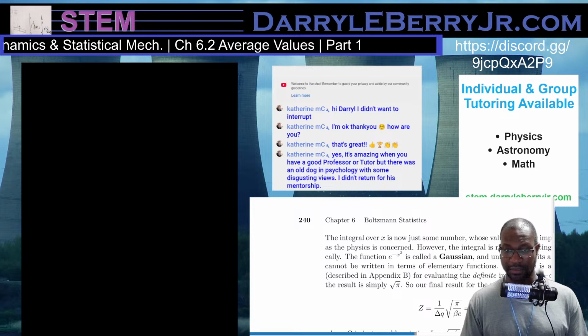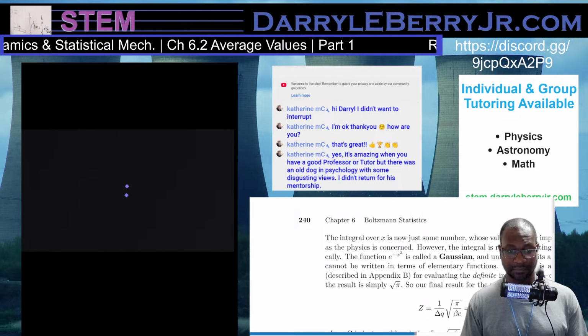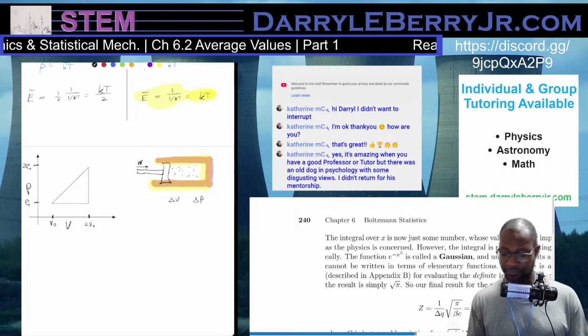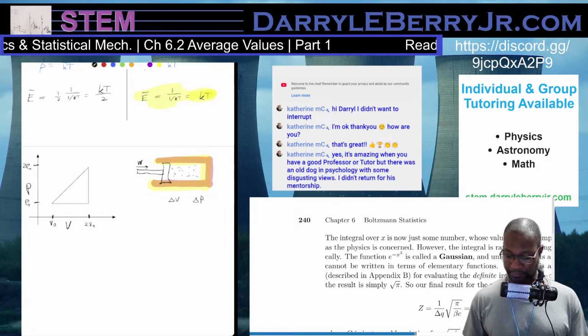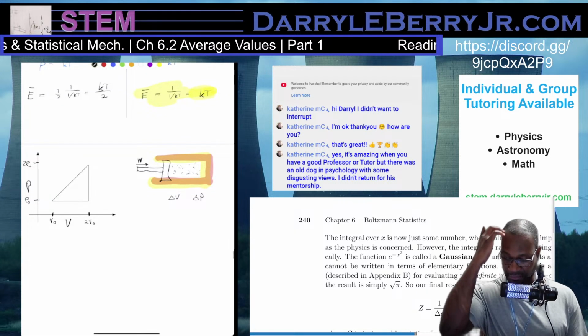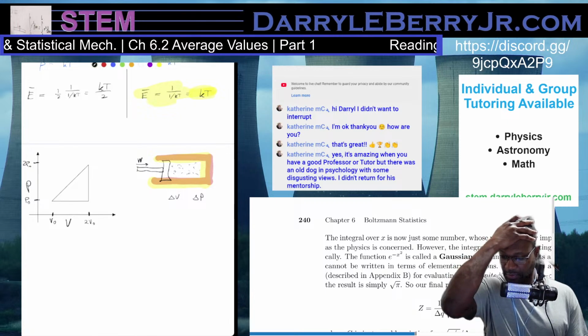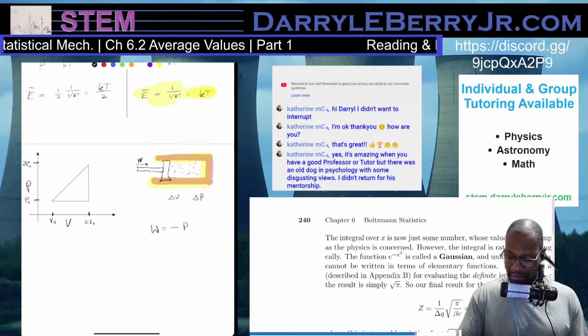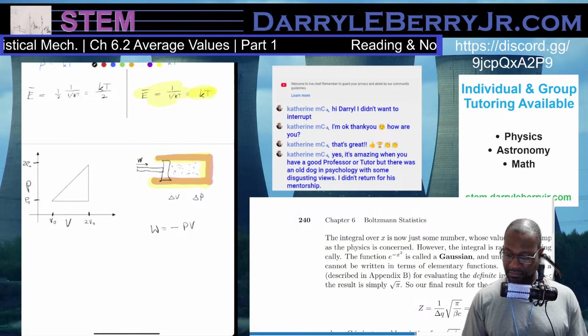Oh crap, this thing. Oh, I had this maximized. Okay, I'll just keep on going with this problem and I'll see if I can tease out, I mean, generally the equation is work equals negative PV.